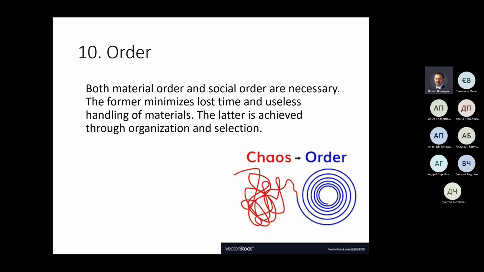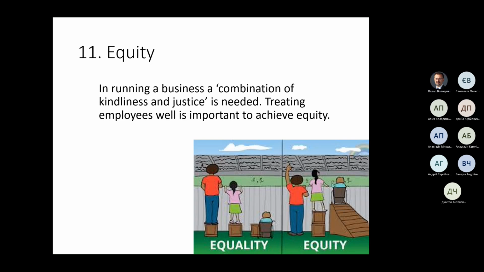Order. It means that the organization must be structured. So it's not possible to let everything be as it is. A manager should build an effective system in a company. Equity.